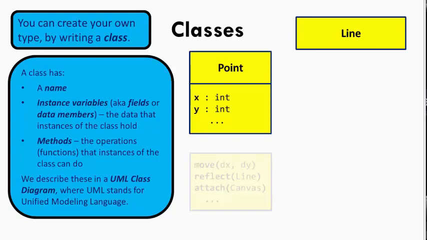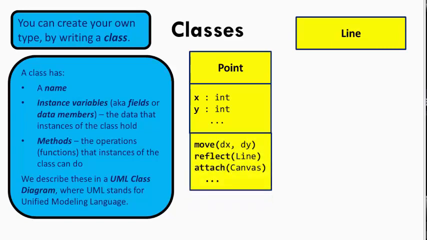Perhaps you decided that a point ought to be able to move by a specified amount in the x and y directions. Maybe it should be able to be reflected about a line, which would cause the point to move in a certain way. Probably one ought to be able to attach the point to a canvas on which the point would be drawn. There are lots of possibilities, and this is certainly not the only design possible, but I hope you see the central ideas.